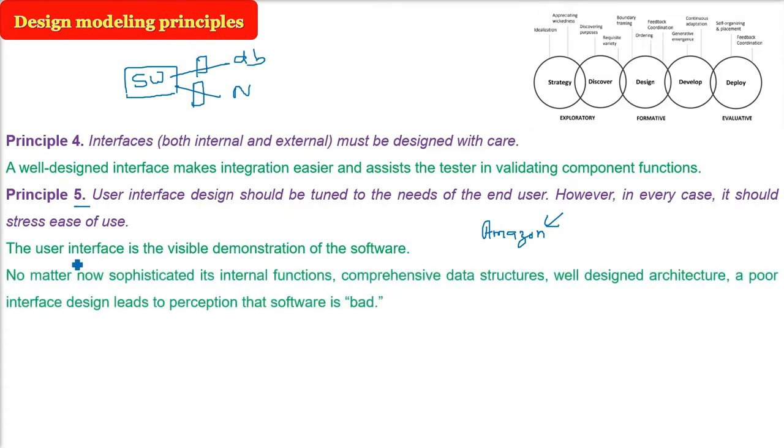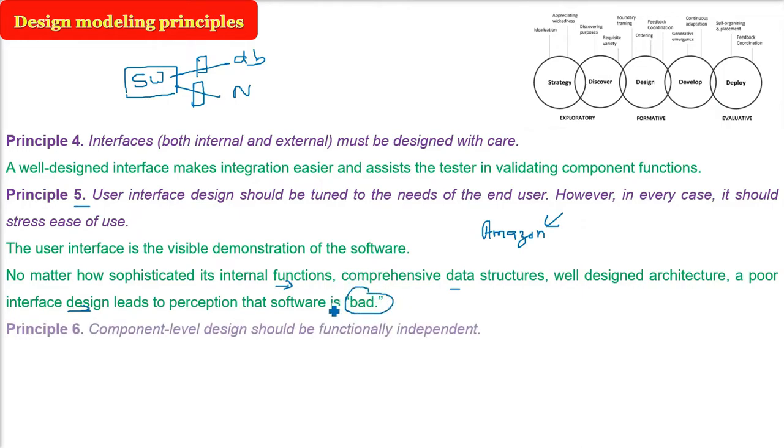Basically, the user interface is so good, you would like to go on Amazon again and again. So whatever internal functions you have given, best data structure, well-designed architecture, if the user interface design is not good, everyone will think the software is bad. That is, what you see is what you praise.